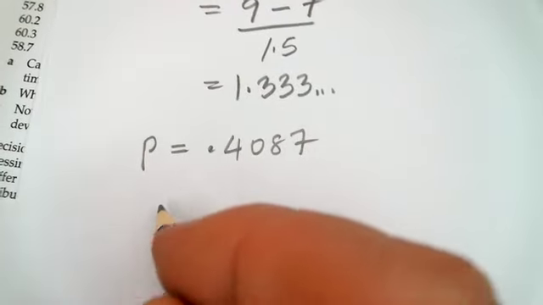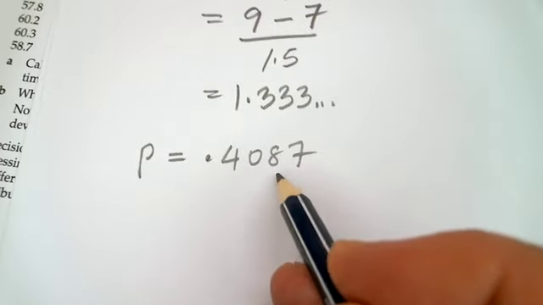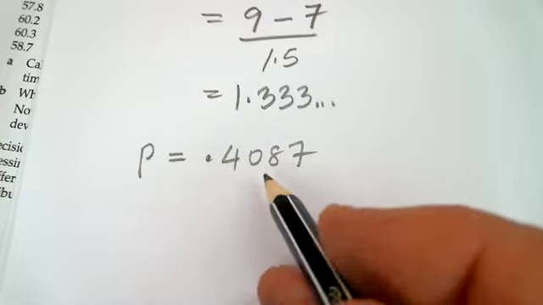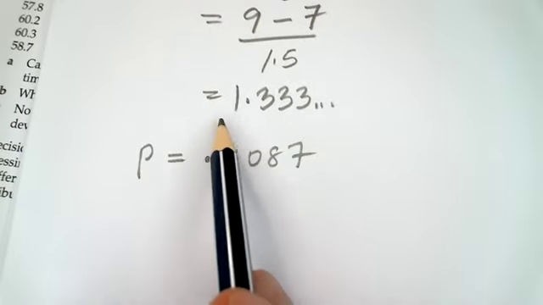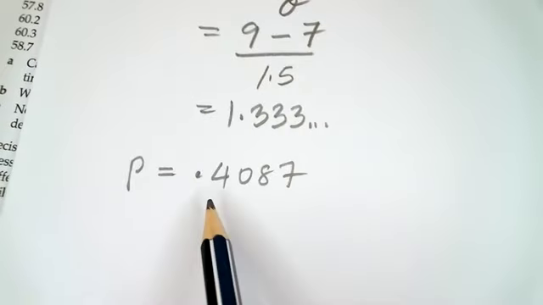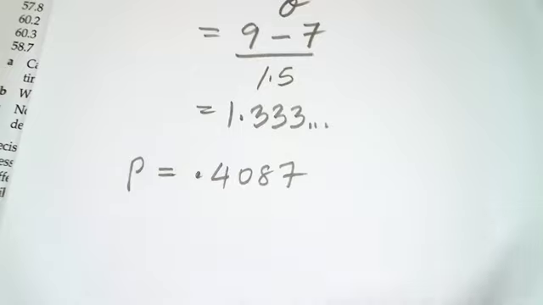You want to say, the probability is going to equal something to do with this. But we haven't finished, so I'm not going to actually do that just yet. We know that the Z value of 1.3 recurring is 0.4087. That's really what we found.